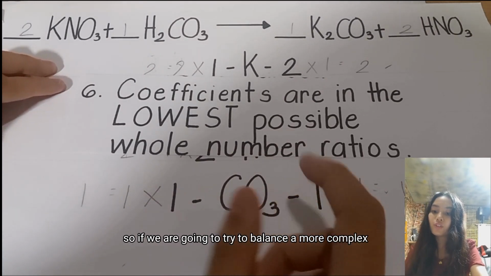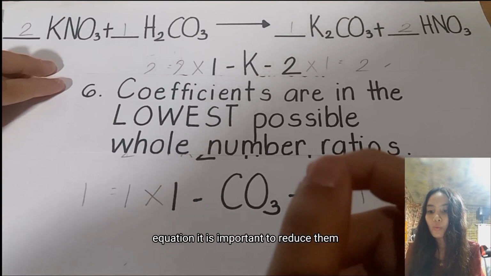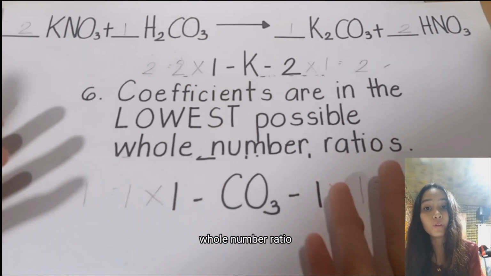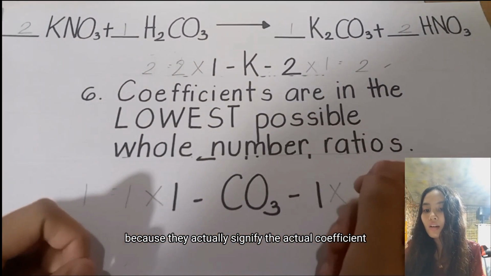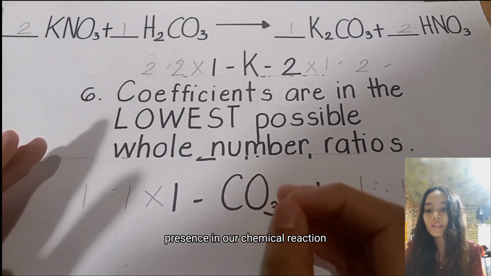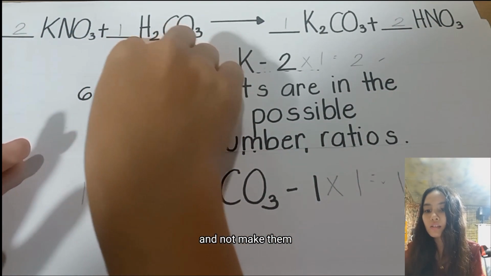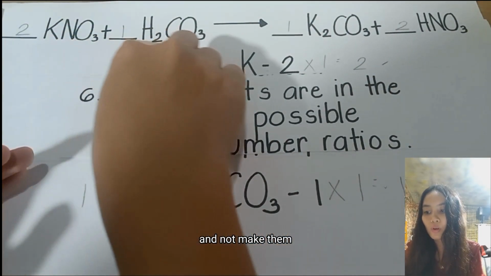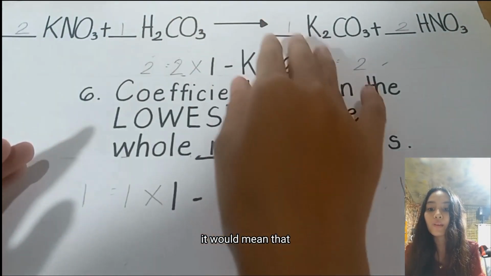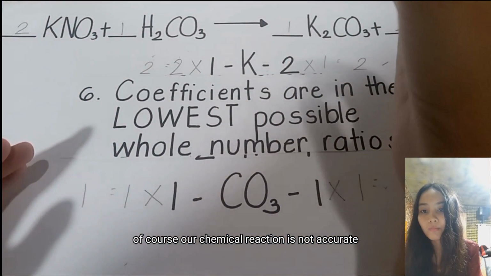So if we are going to balance a more complex equation, it is important to reduce them, because they signify the actual coefficients present in our chemical reaction. If we alter the coefficients and do not reduce them to the lowest possible whole number ratio, our chemical reaction would not be accurate.